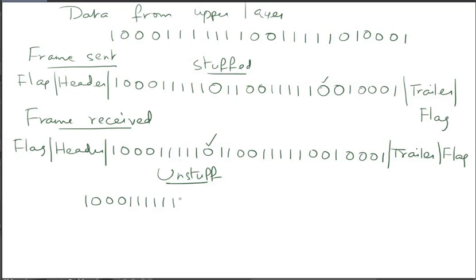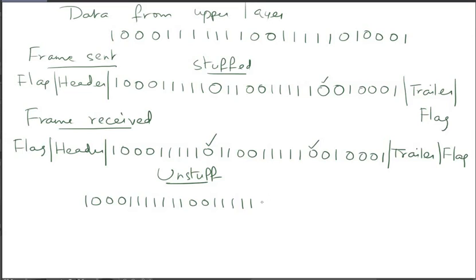There are 2 ones again followed by 0 0. Then we have 5 ones here, 1 2 3 4 5. After these 5 ones, again the next 0 will be removed by the receiver. It will understand that this 0 also doesn't belong to the data, so this 0 will be removed.